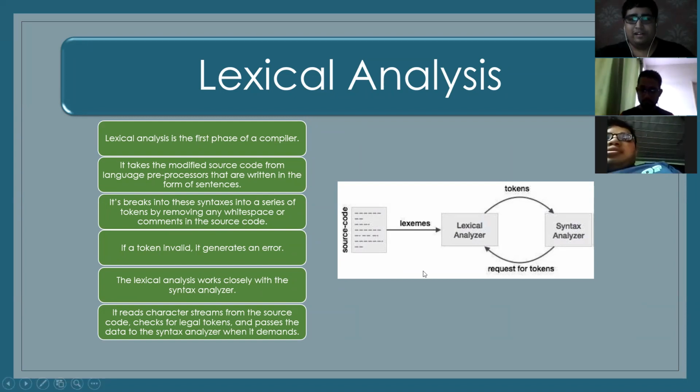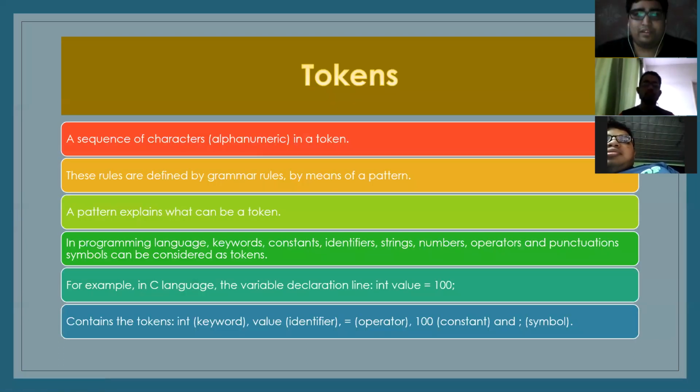Here is the picture of the source code with the lexical analyzer, which sends tokens to the syntax analysis and essentially needs a request for tokens from the syntax analysis.